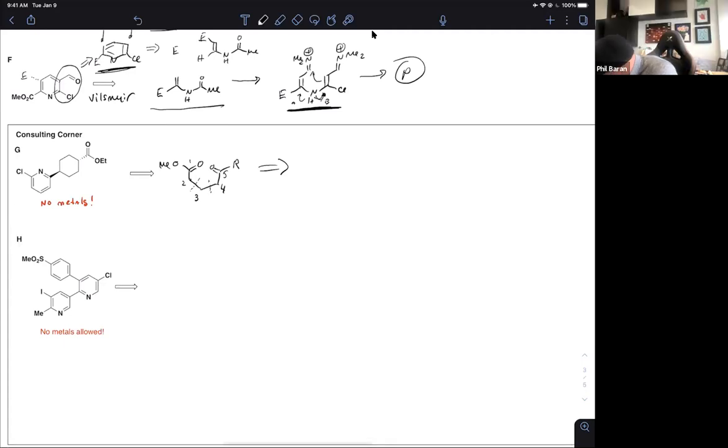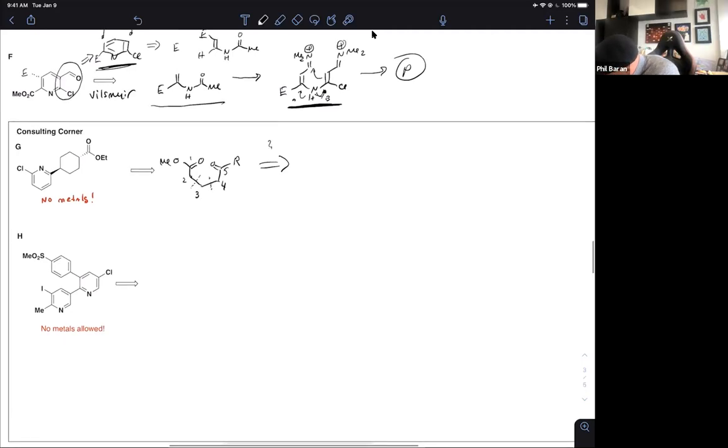Awesome. That's great. Yeah. So if we take the 2-3 disconnection, we can imagine using Tim's favorite reaction, the Kröhnke. And if we take the 3-4 disconnection, we can imagine doing it in the opposite mode.